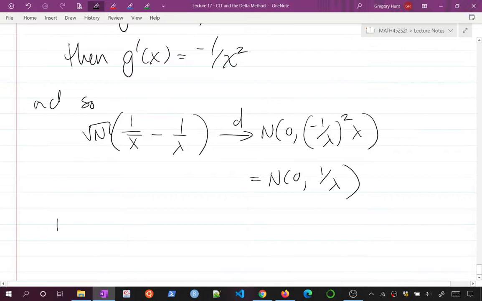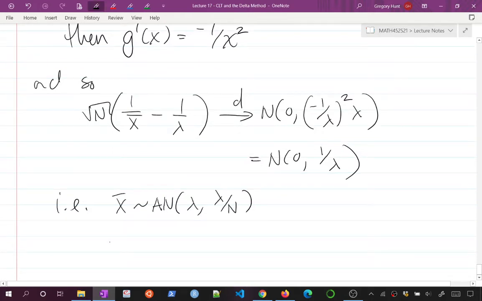So basically, x bar may be asymptotically normal with mean lambda and variance lambda over n. 1 over x bar is asymptotically normal with mean 1 over lambda, so that's nice, and a variance that is 1 over n lambda in this case.